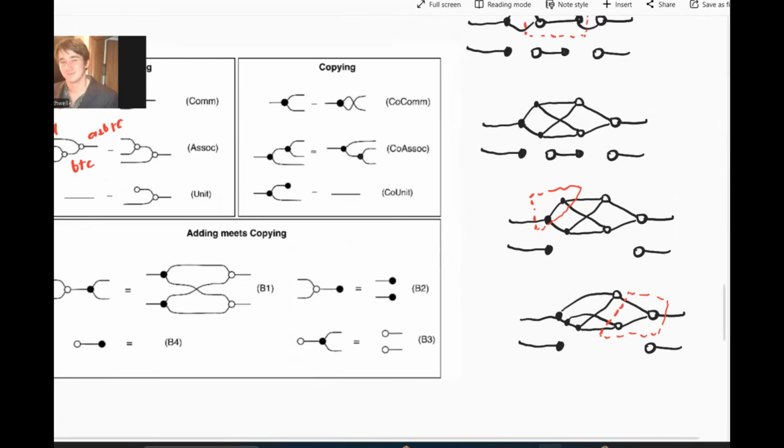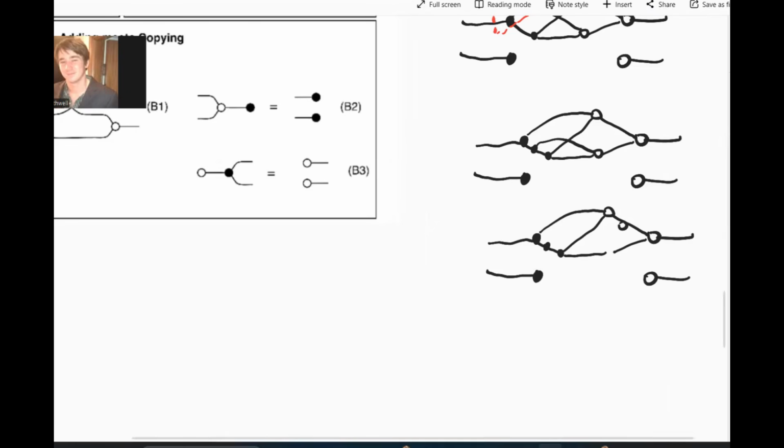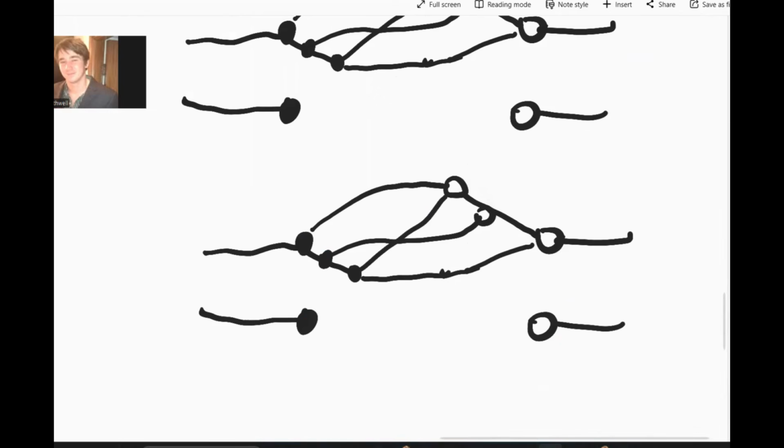But diagrammatically, it means that we can sort of slide this up to here. So we can just sort of redraw it like that. And now let's apply the associativity about here. So we have it branching out here and then branching again. So we want to move this node to here. There we are.